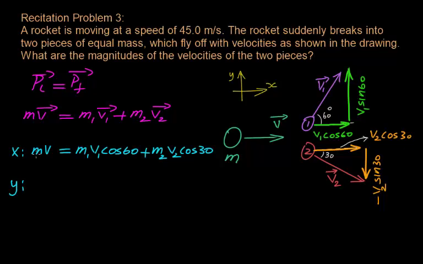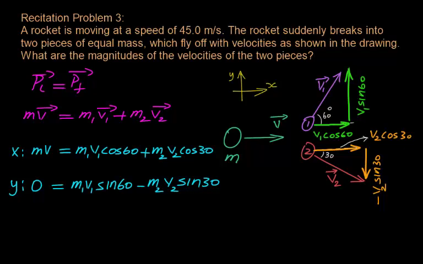Y component, mv doesn't have a Y component, all of it is along the X, equals m1 v1 is positive. Instead of cosine here it is going to become sine along the Y. Notice that the v2 is pointing straight down, therefore the component for m2 v2 is negative m2 v2 sine 30.